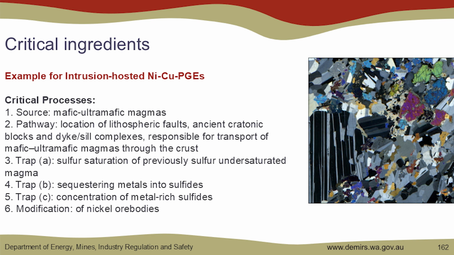So we need to sulfur saturate our previously sulfur undersaturated magmas. We need to sequester our metals from our silicate melts into our sulfide melts, and then we need to concentrate these sulfides, hopefully in a nice convenient place so we can go and dig it out of the ground. Then we also need to take into account any modification that's happened, but also preservation as well.